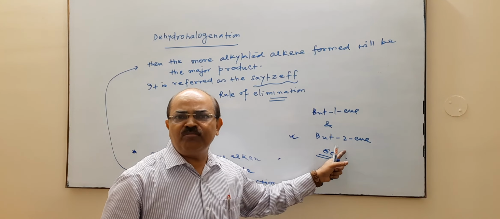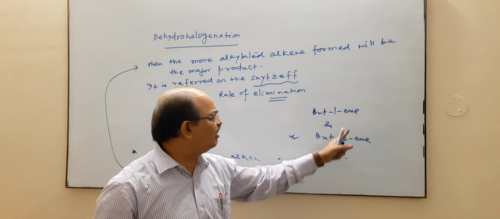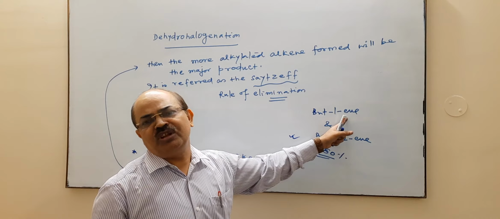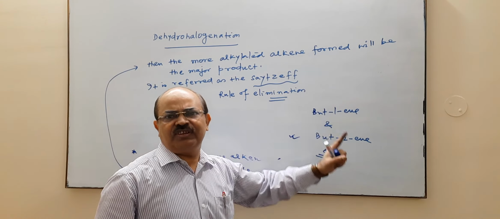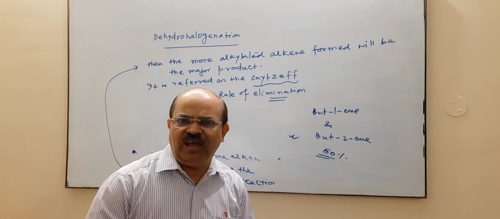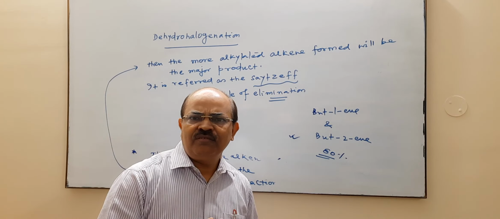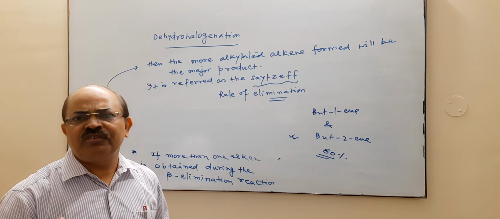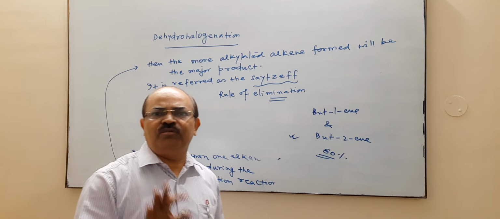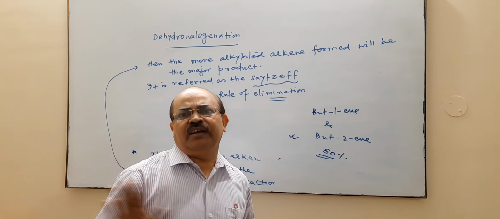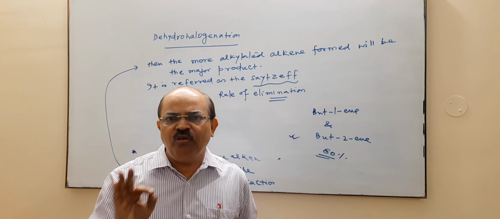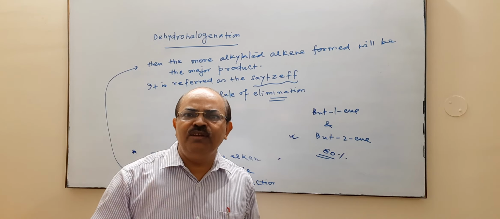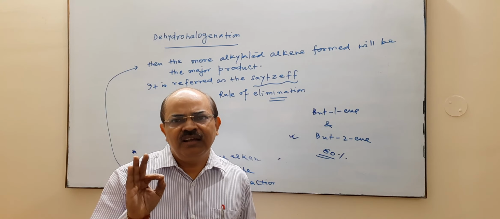It has more hyperconjugative structures while the other has fewer hyperconjugative structures. So you will study the detail in class 12. In class 11, the detail is not given in the NCERT textbook. So I hope it is clear how we can prepare alkene from alkyl halide.